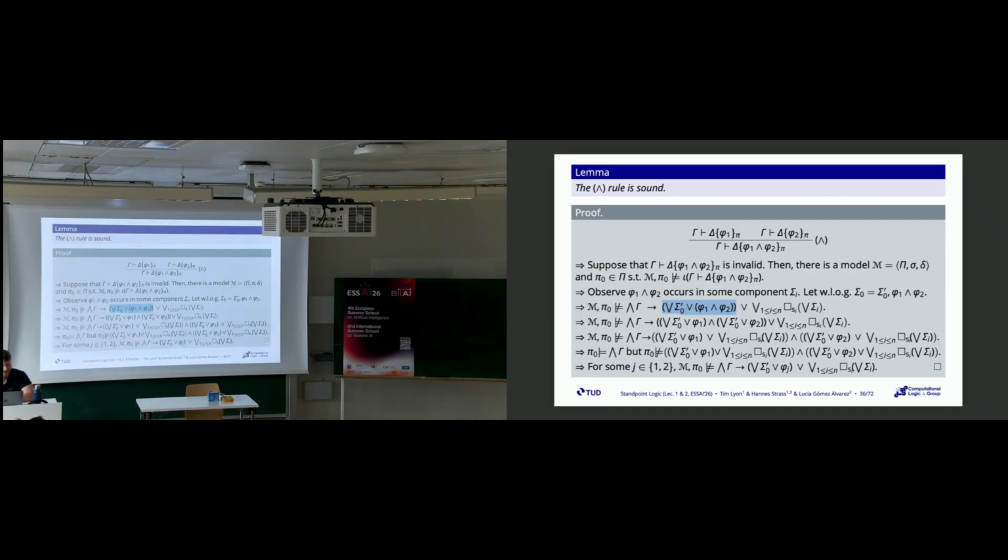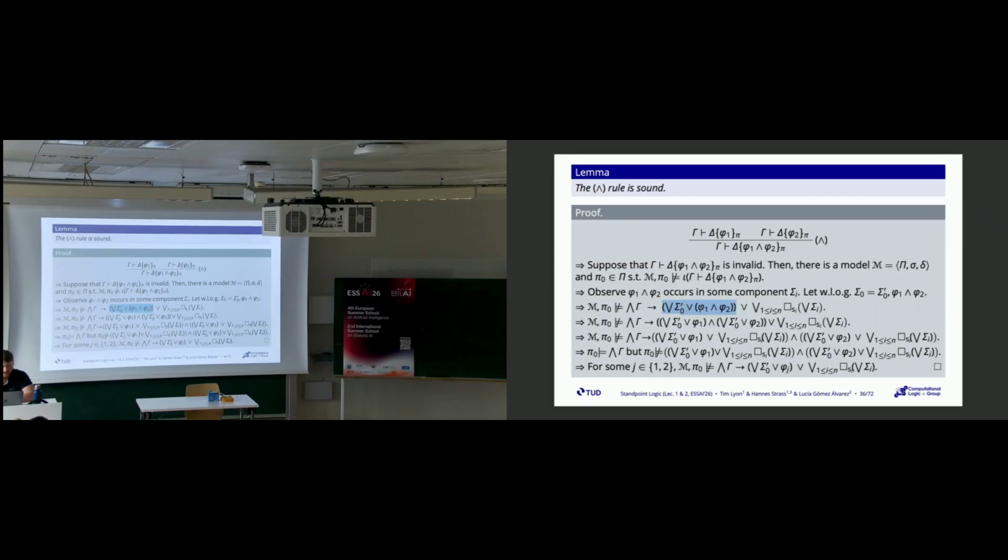Now, we can start applying certain equivalences from classical logic to manipulate this formula. And the goal is going to be to try to obtain a propositional standpoint formula which corresponds to a formula interpretation of one of the two premises, which will then allow us to deduce that one of the two premises must be invalid.